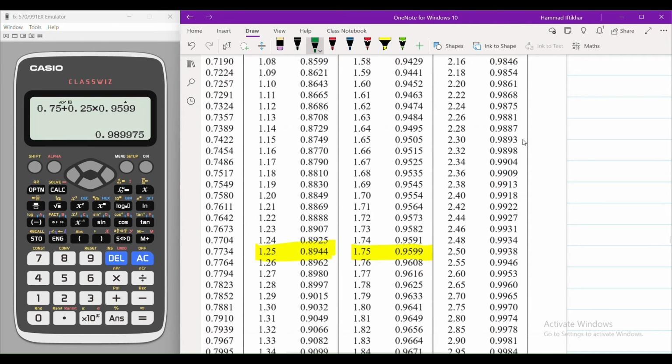This is 0.9893, this is 0.989998, and this is 0.9904. So this is somewhere in between these two values, 2.32 and 2.34. Okay, so let's copy these and take it back to our paper.